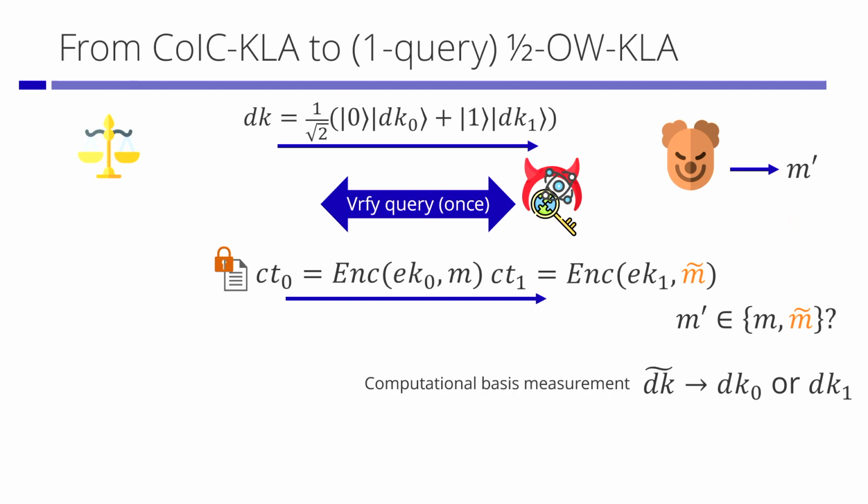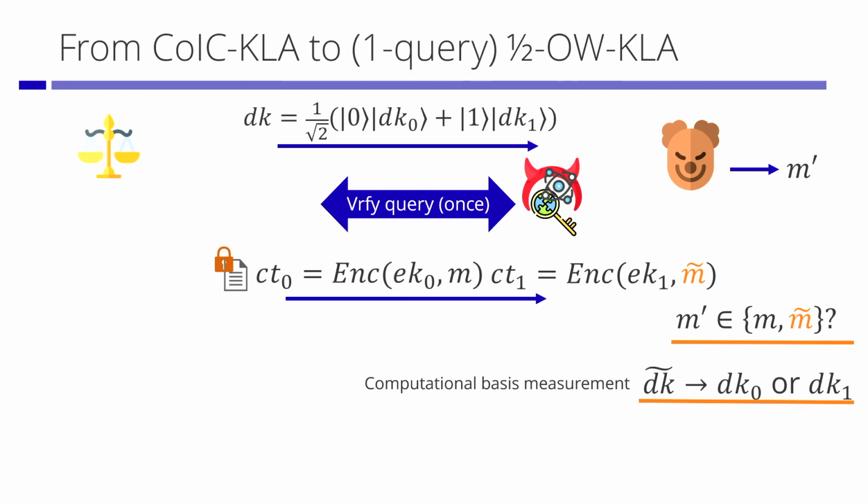And lastly, we measure the queried decryption key by using the computational basis. Then, if the decryption key is valid, the measurement result is DK0 or DK1. In the last game, if the adversary wins the security game, then the adversary outputs plaintext M or M tilde.